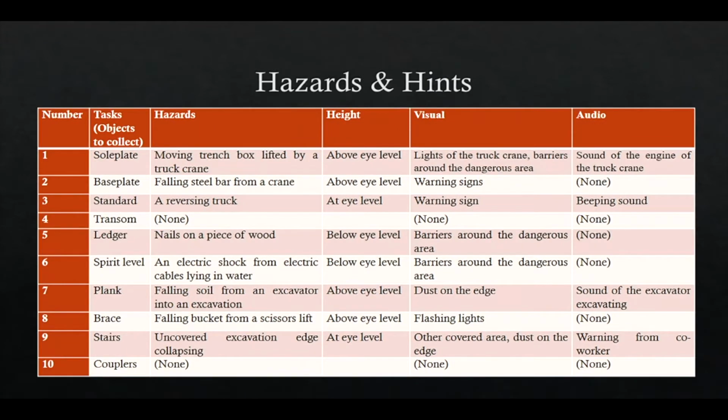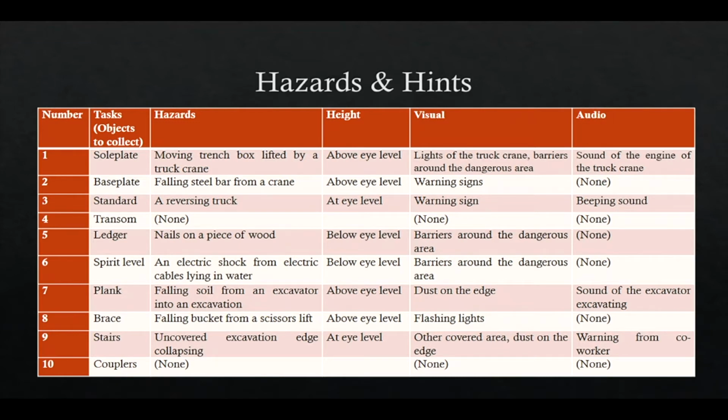So these are the 10 tasks. They need to collect 10 items, and we put 8 hazards in it. The reason we don't put 10 hazards is we don't want people to intentionally look for hazards when they're doing the tasks. Of the 8 hazards, 4 are above eye level, and the other 4 are below or at eye level.